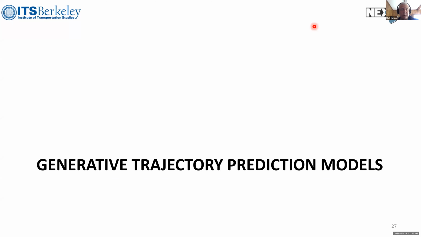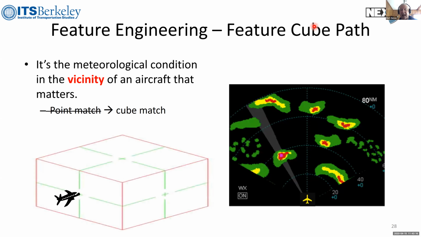Next, really briefly, I want to talk about another kind of trajectory prediction. The main difference here is that instead of imagining that we have a flight with a set of predetermined alternative routes, and we're modeling which route the flight takes, in this case we're going to model and predict the trajectory in a less structured way.